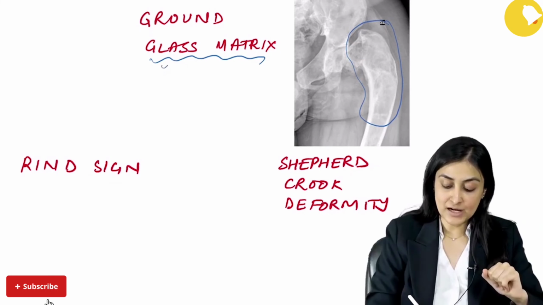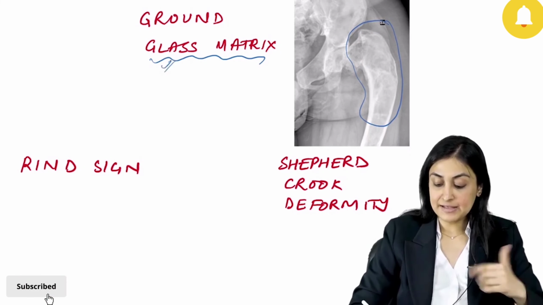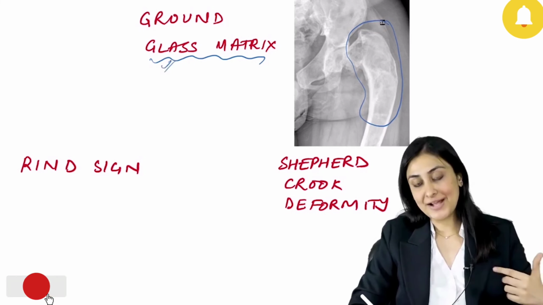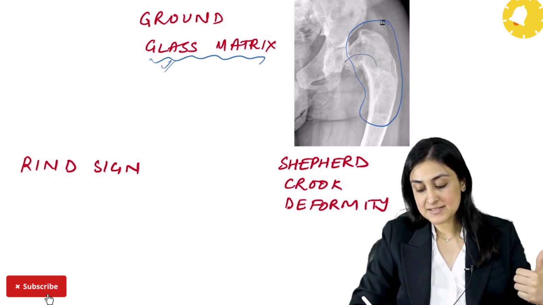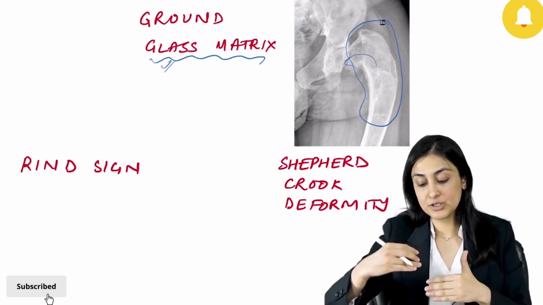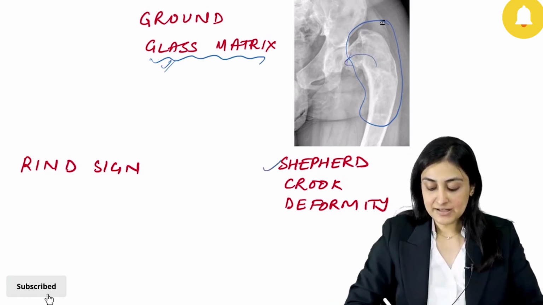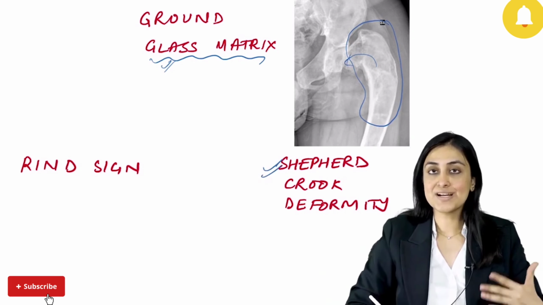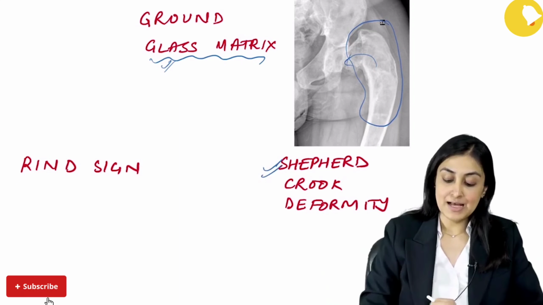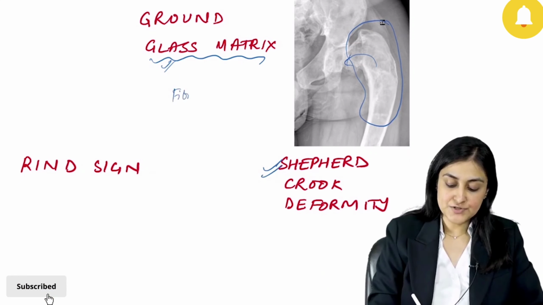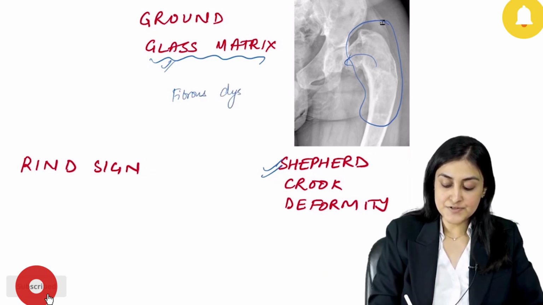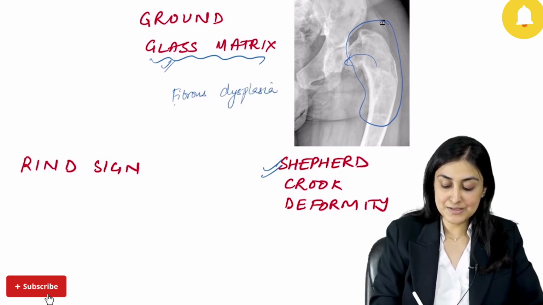So this is called ground glass matrix. And if you have a pathological fracture associated with it, you will see this deformity wherein the femur is bent like a shepherd's crook. This is called the shepherd's crook deformity. And the lesion that it typically describes is fibrous dysplasia.